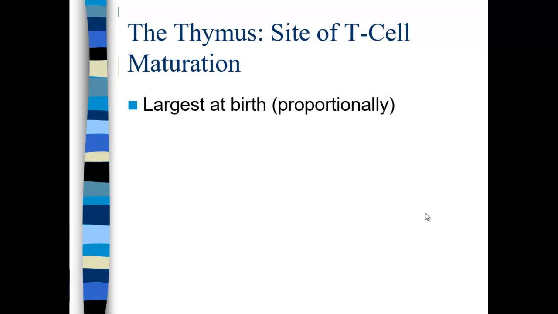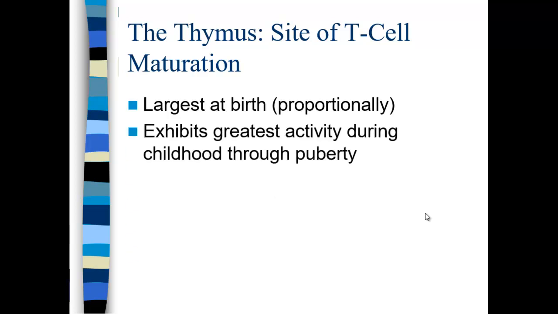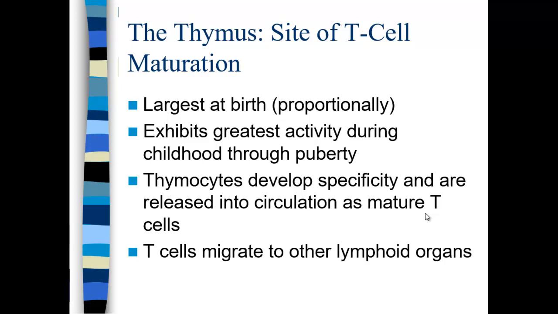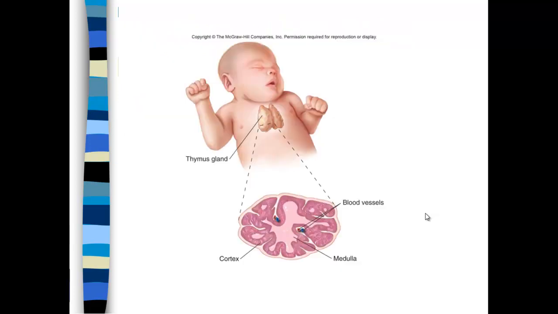It is largest at birth, proportionate to the human body, and it exhibits the greatest activity during childhood through puberty. And thymocytes, which are stem cells in the thymus, develop specificity, and then they're released to become mature T cells. And then the T cells migrate to other lymphoid organs.